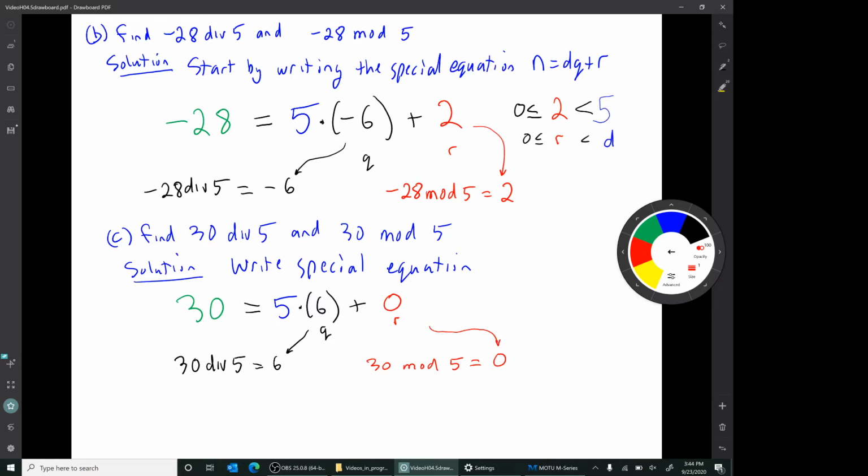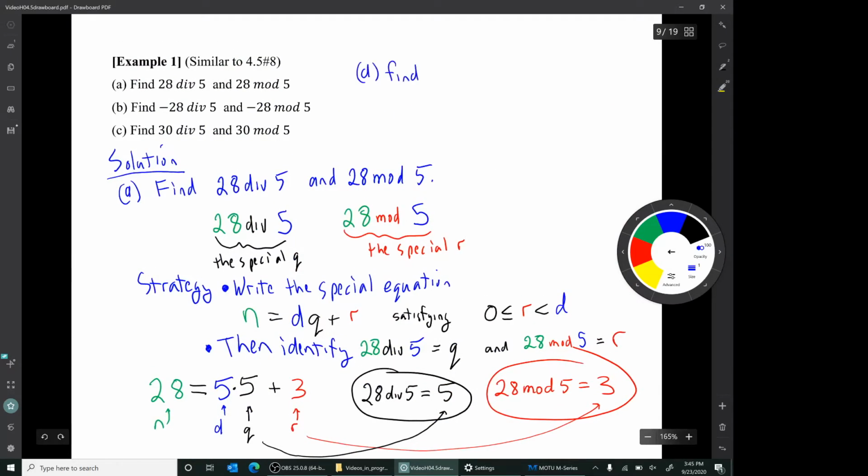Notice a couple of things, though. In question B, it turned out that our q was a negative number. And we could actually have a question, let's have a question D. Let's throw on another one. We could have question D that's defined 3 div 5 and 3 mod 5.